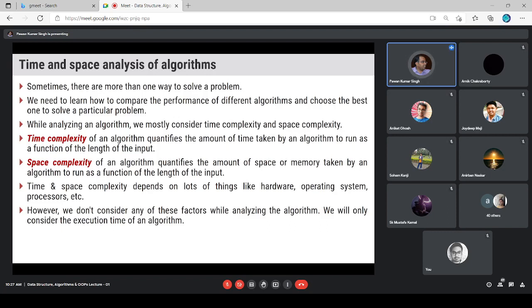These factors really matter if you're running a program on a normal i3 computer or an i7 computer, but we do not consider them. We only consider the execution time.